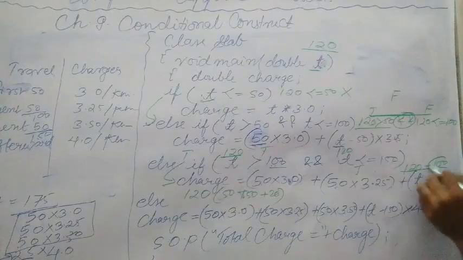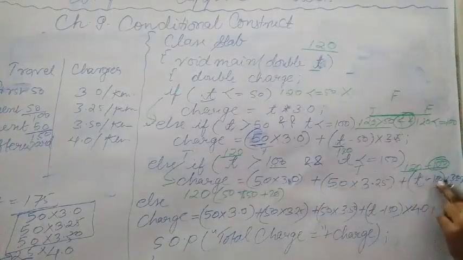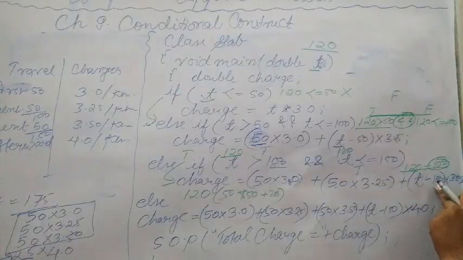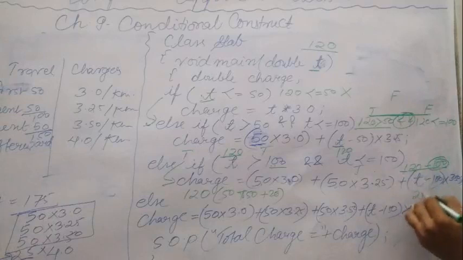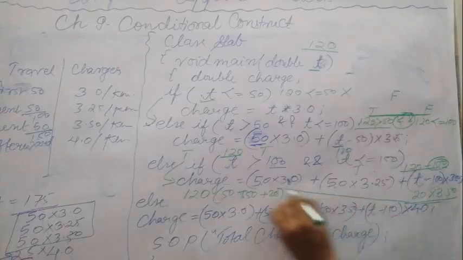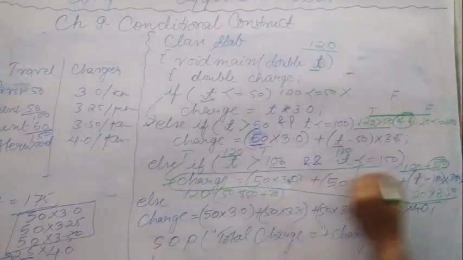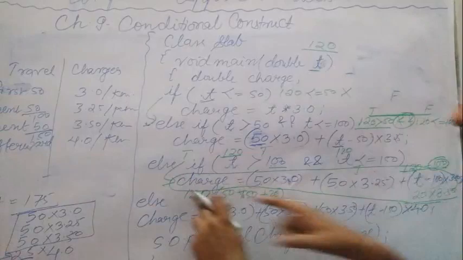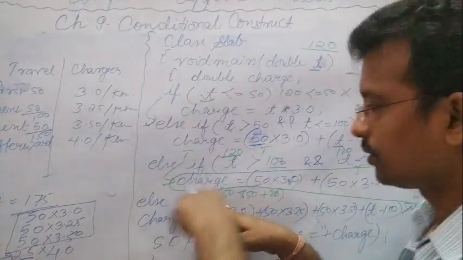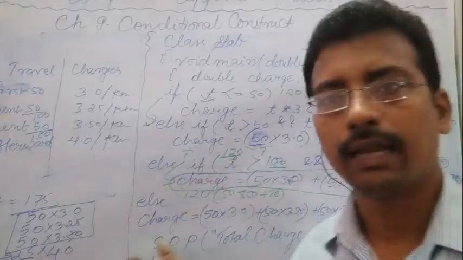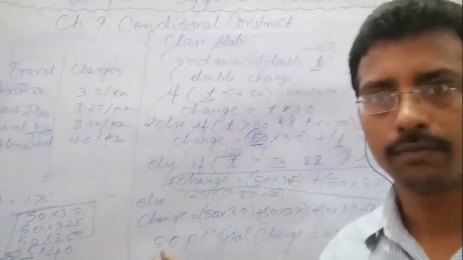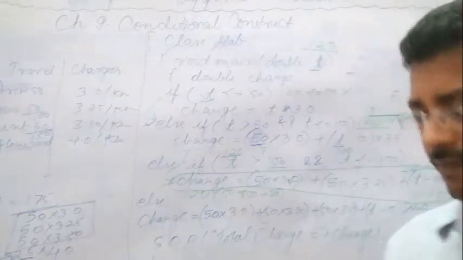Since this 50 and this 50 are already paid, we will not pay again. Subtracted from 100, the result will be 20. So 20 into 3.5. This way your total calculation will take place, and whatever comes will be the charge. So this way you can apply slab based programs in your given program.